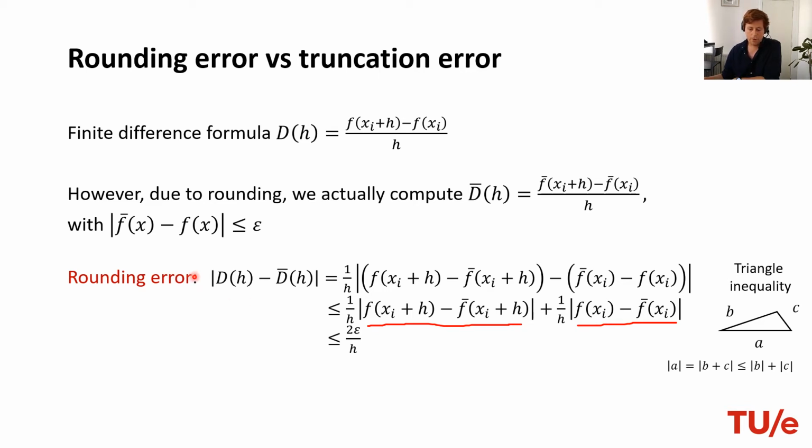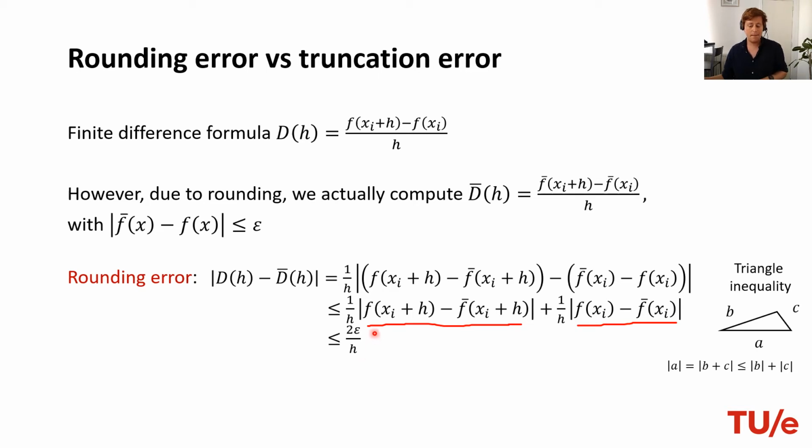This rounding error, and it's important to take a closer look here, will be smaller than this upper bound, and this upper bound is proportional to epsilon. So if you have a smaller epsilon, the rounding error is smaller, and this makes sense. If you have a more precise computer, if you have a more precise calculator, the rounding errors will be smaller. But this is inversely proportional to h. So this means that if you reduce h, the rounding error goes up.